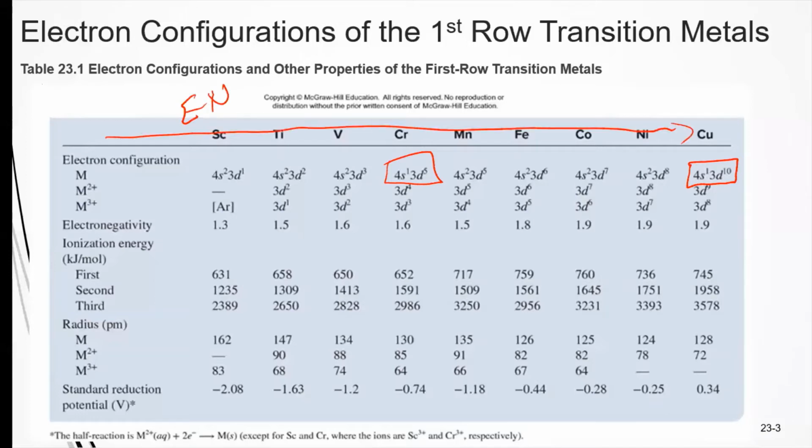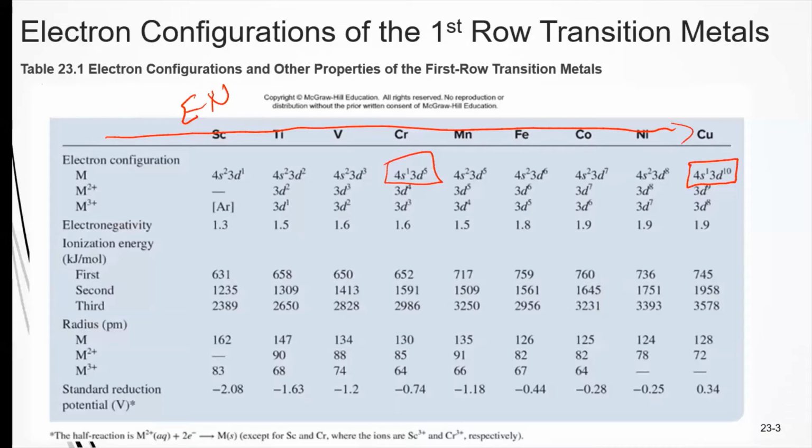It's not a huge increase in the same way that we see from sodium to fluorine or lithium to fluorine, but in general we do see a little bit of a change. The standard reduction potential also increases, which means it's becoming less negative from left to right.